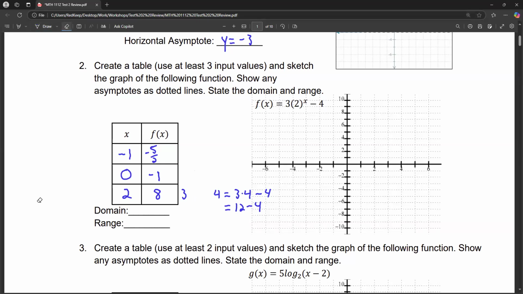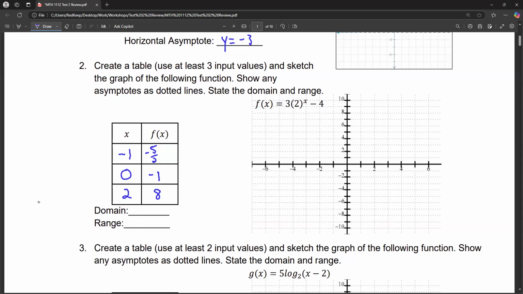Perfect. Okay. So I've completed my table. At the minimum, I was supposed to evaluate 3 values. Please, if you need more, go ahead and create more points. The point is to have some clarity on what this graph looks like. So, if you need more values for your table, go ahead and keep going.